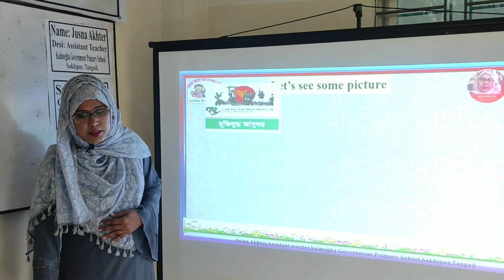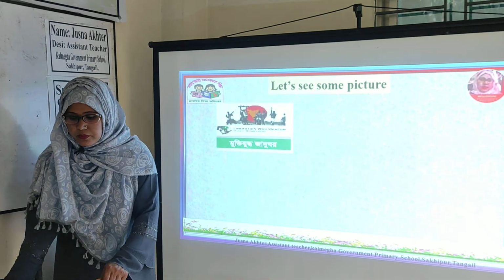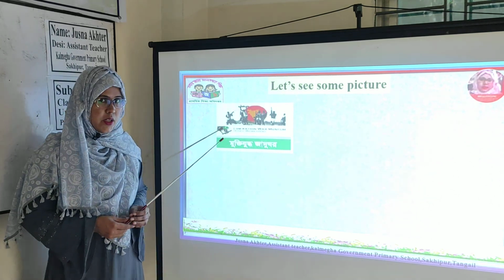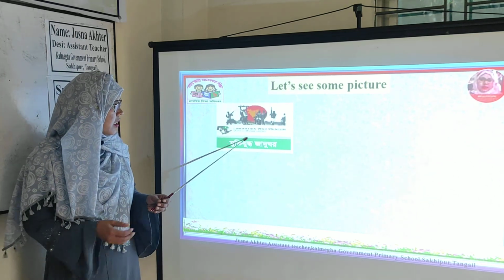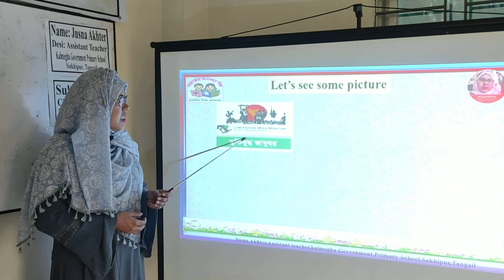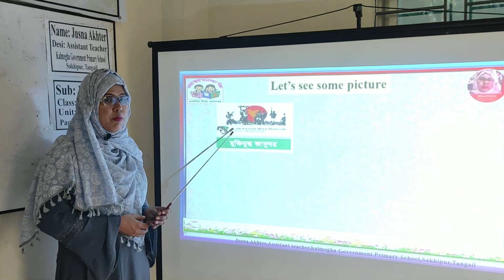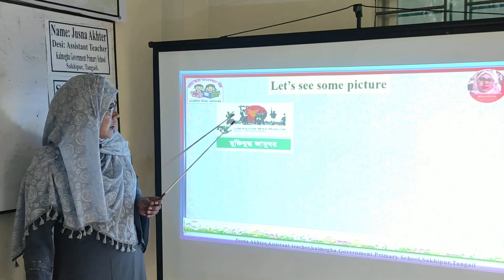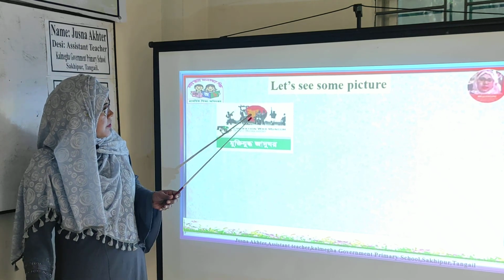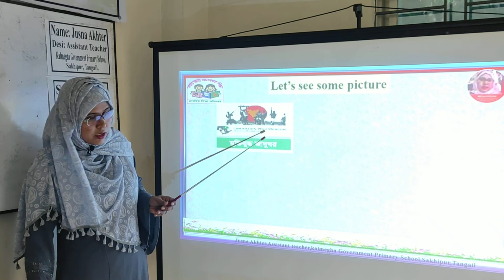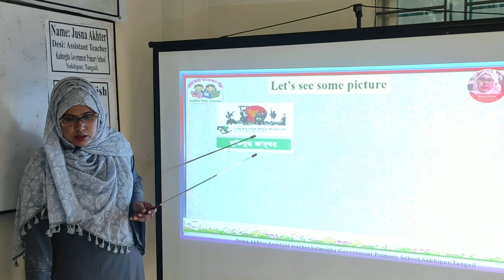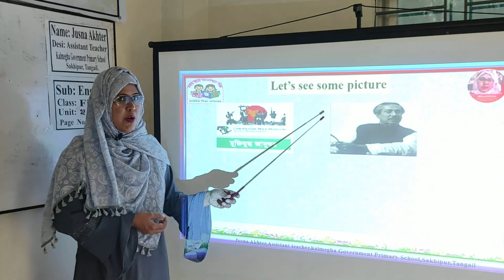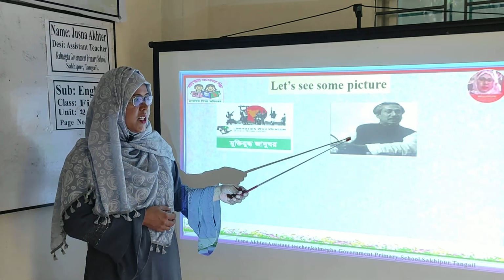My dear super learners, the first picture is, my dear students, what is this? Can you guess? Yes, I think this picture is the Liberation War Museum, Muktijuddha Jadughar. And another picture is, my dear super learners, can you understand what this is?